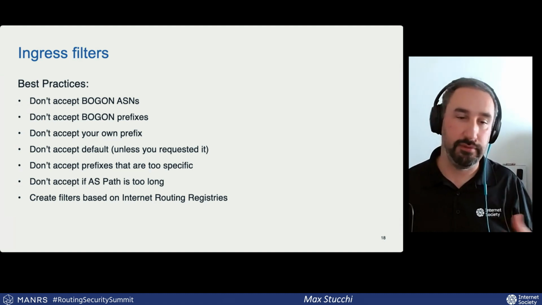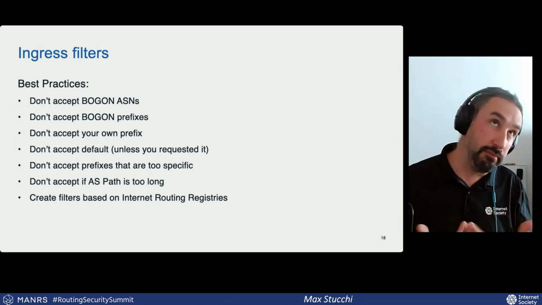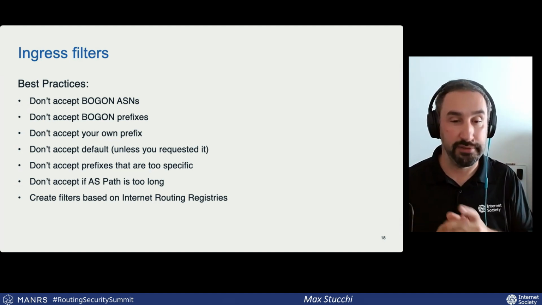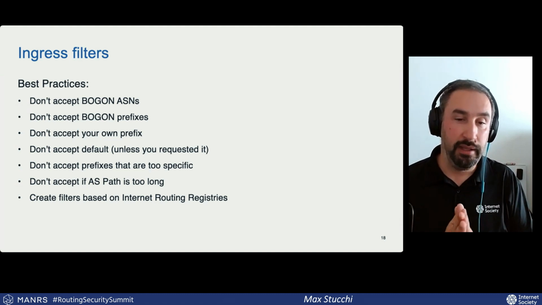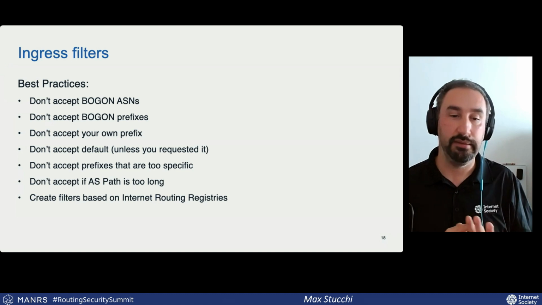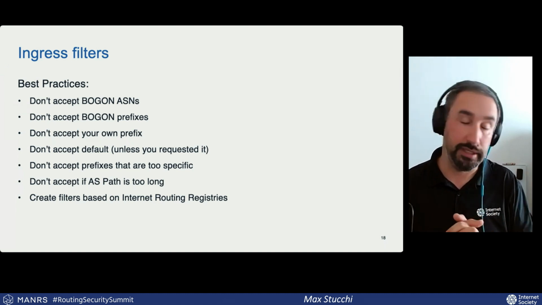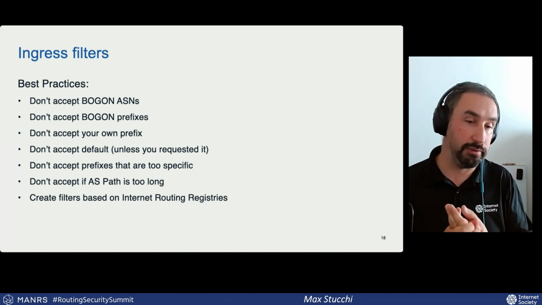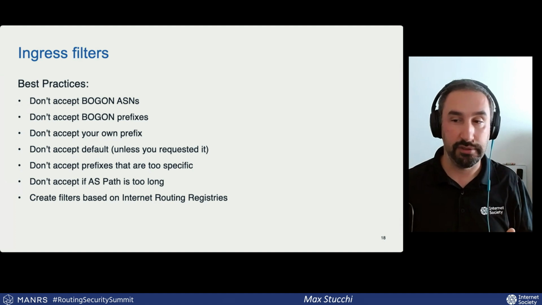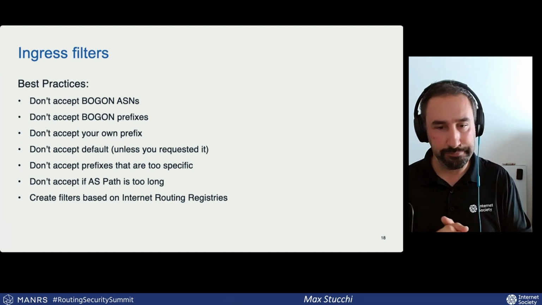If you accept the default, so 0/0 or 0/0 in IPv6, but I would like to use 2000/3 in this case, unless you have requested that specifically, don't accept that, because otherwise it will force you to send all the traffic, also for networks that you don't know about, just as a last resort to one or more of your upstreams. So just don't do that.